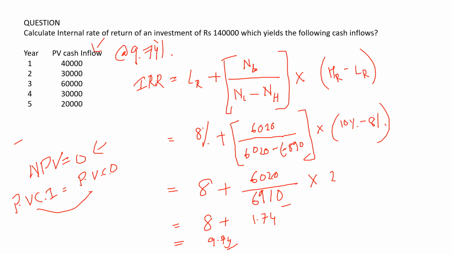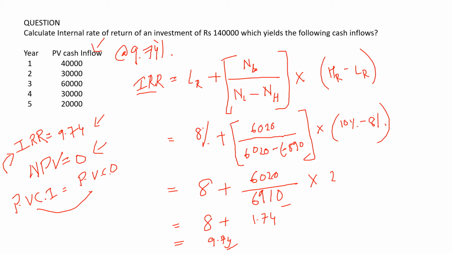So at what rate will NPV be 0? We have got the IRR as 9.74. At this rate, if we find out the present value of the cash inflow, it will be equal to the present value of the cash outflow. And when we deduct it, we will be getting 0 as our answer, right? So we have found the discounting rate with the IRR formula, right? I hope it is clear.